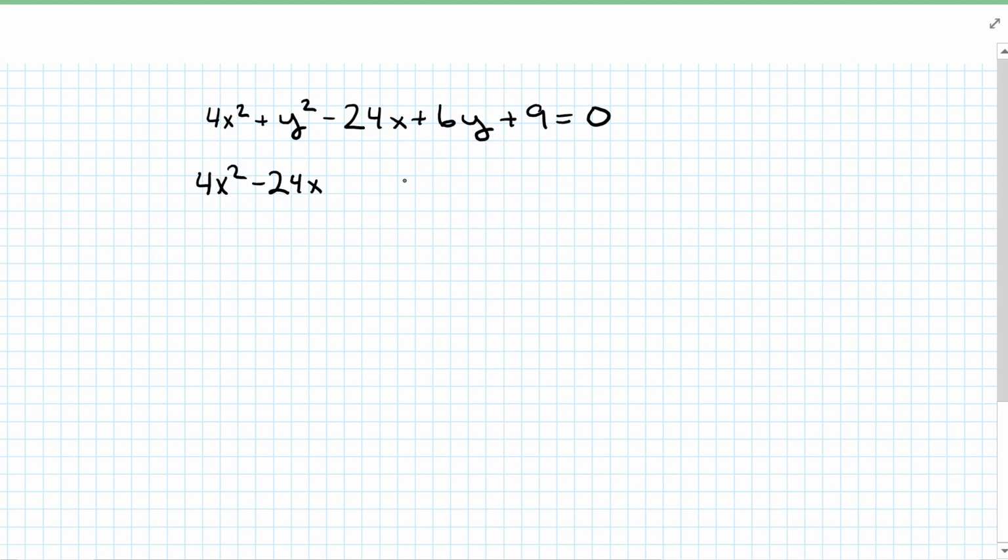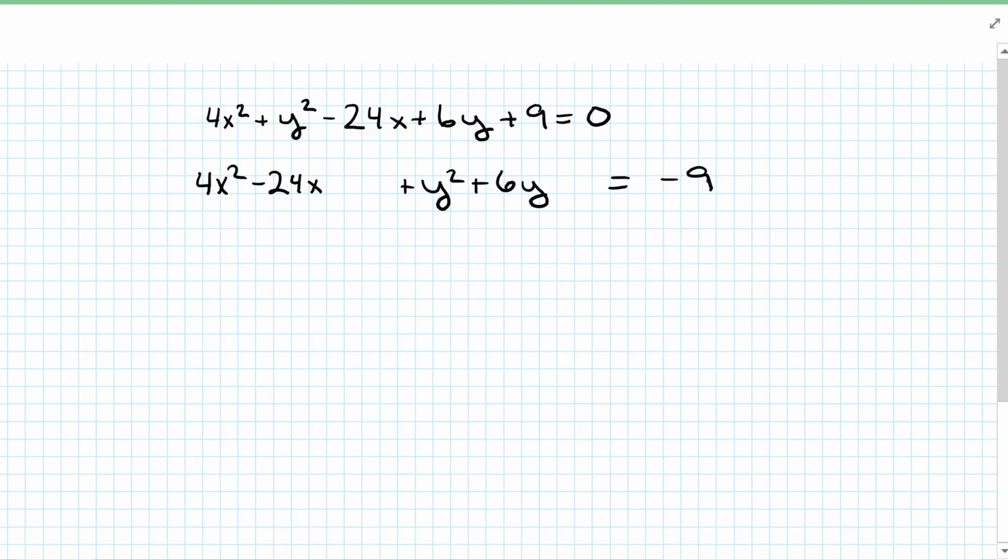So I got 4x squared plus y squared minus 24x plus 6y plus 9 equals 0. Step 1, group the x's and y's and get the constants to one side. So I got 4x squared minus 24x plus y squared plus 6y, and we're going to make that equal to negative 9.